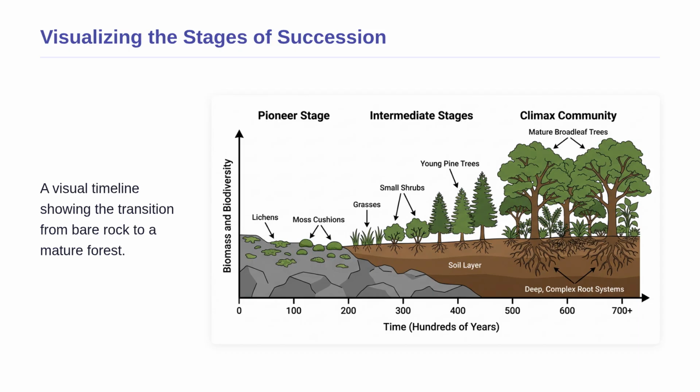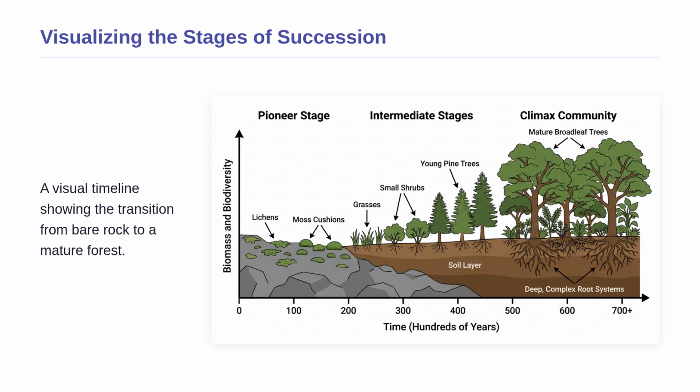Now that we have calculated the math behind the process, let us look at the entire journey visually. In this diagram, the horizontal axis represents time in hundreds of years, while the vertical axis tracks the increase in biomass and biodiversity. On the far left, we see the pioneer stage, starting with bare rock, where hardy lichens and mosses begin the slow process of soil formation.